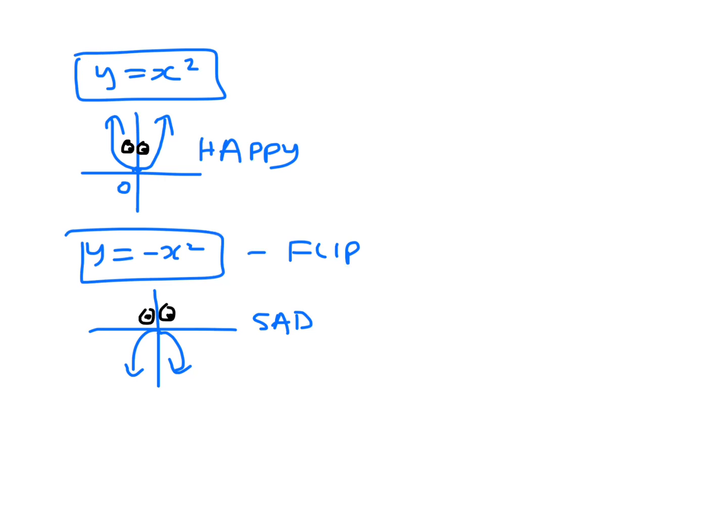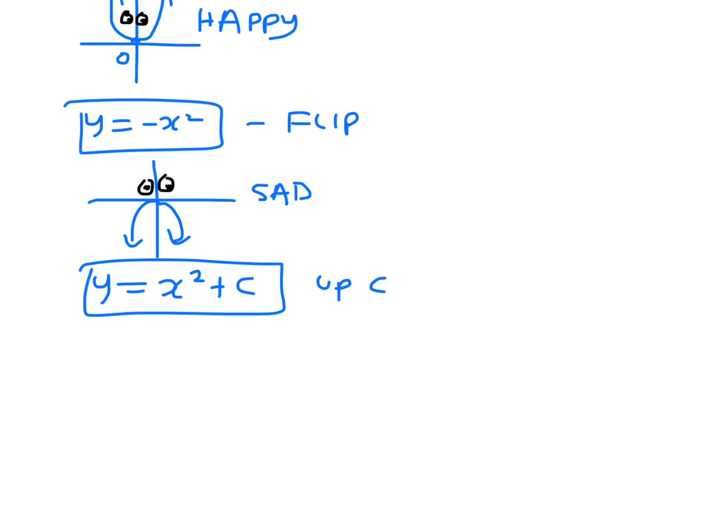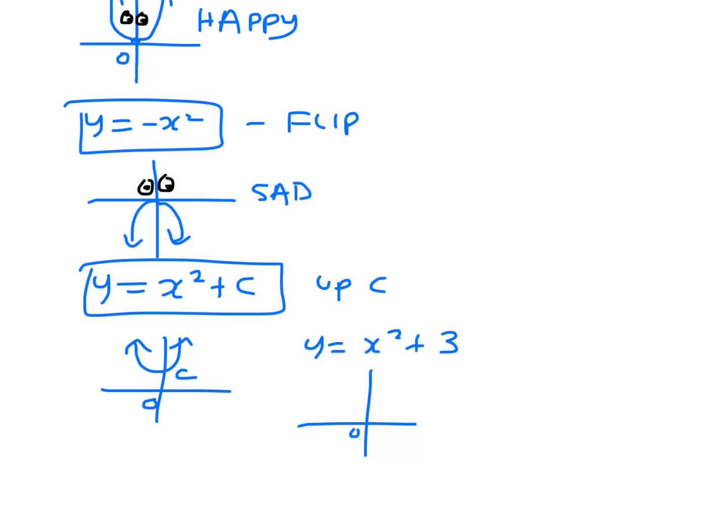Okay, so then if you add a number, x squared plus c, that will move it up c. You have the same shape, but it's going to move up by c. So for example, x squared plus 3 will be the basic parabola moved up 3.